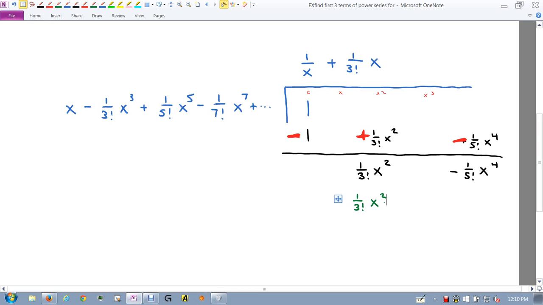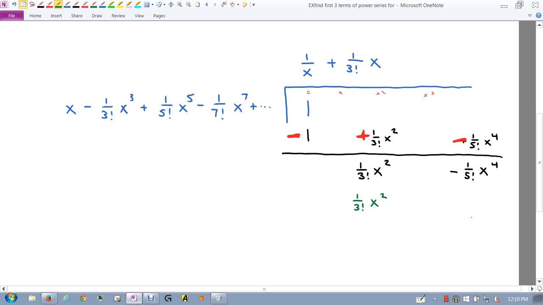But then what's my next term? This one times this one right here. What do I get? Negative, right? 1 over 3 factorial times 1 over 3 factorial again. Yes?